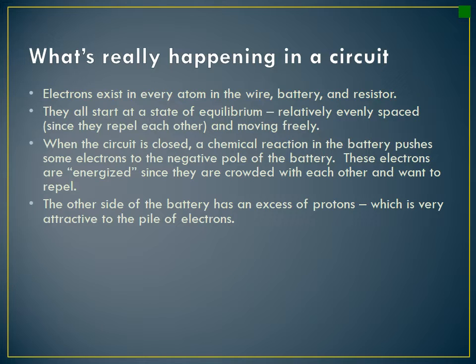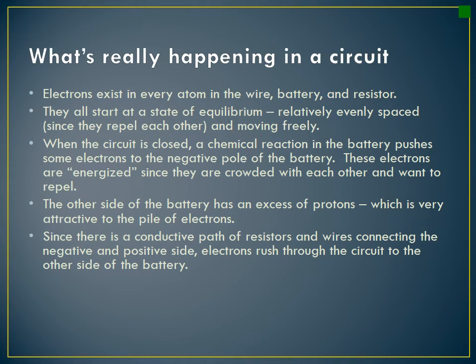This excess of positive on one side and negative on the other side creates a push, and this push is a simplified way of thinking of voltage, which is an important part of circuits. And the more voltage, sort of the more force that we use to push the electrons through the circuit, in a sense, you end up with more energy in the circuit that way.